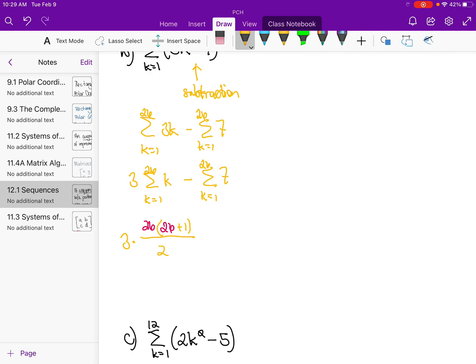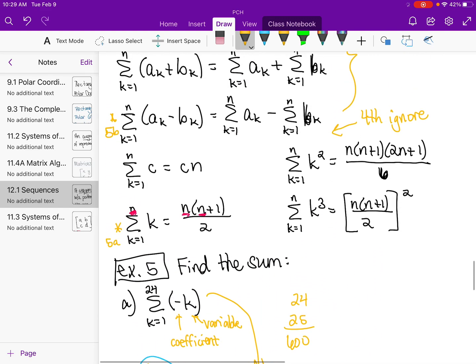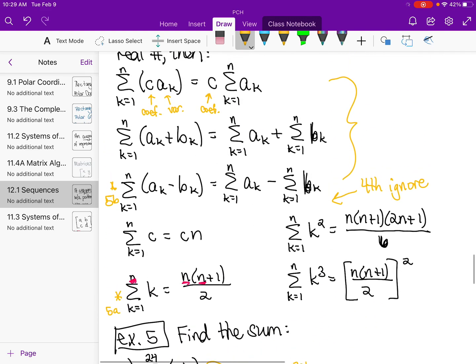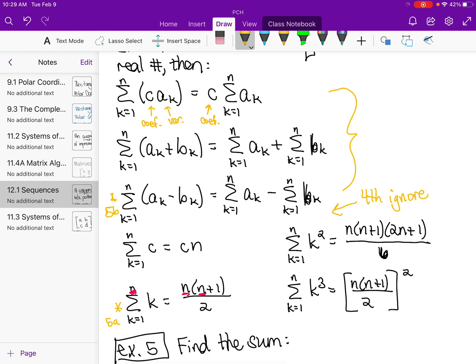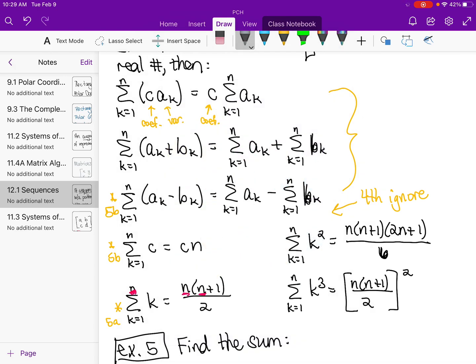I really enjoyed it. So the sum of a constant, okay, that doesn't involve a variable, right? That's a constant. So let's look and see, where do we have the sum of a constant by itself? So see if you can find it. So this one is 5b, and this one is telling me to just multiply this number times this number, right?